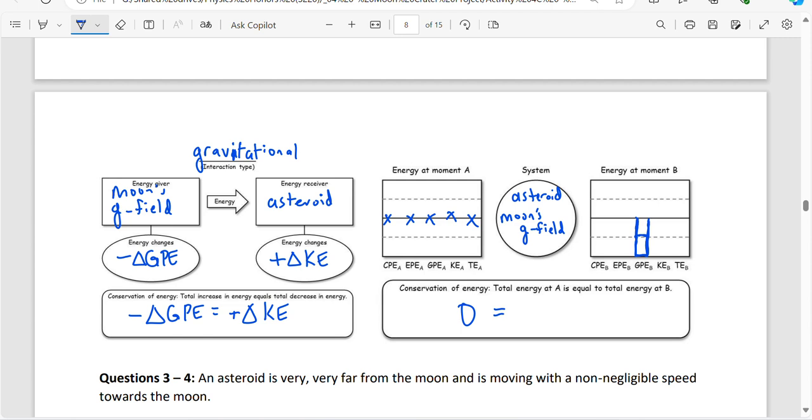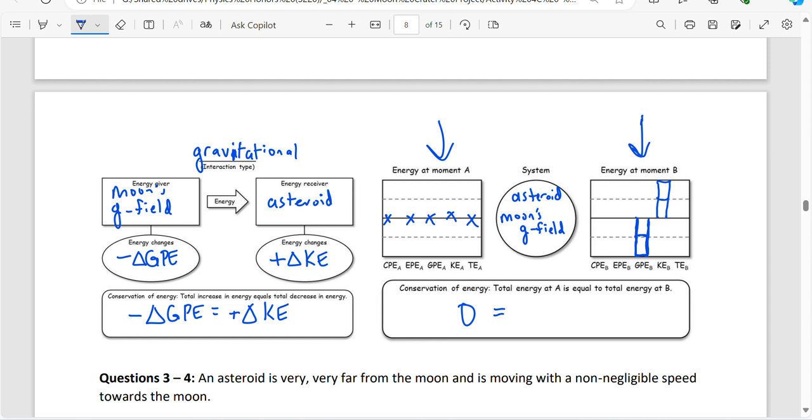But the total energy must be the same between moment A and moment B. We had a total of 0 energy here, so we must have a total of 0 energy here. That means the negative gravitational energy must be matched by an equal gain in positive kinetic energy.